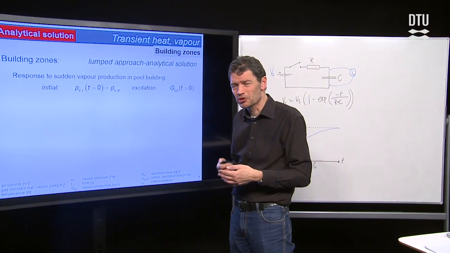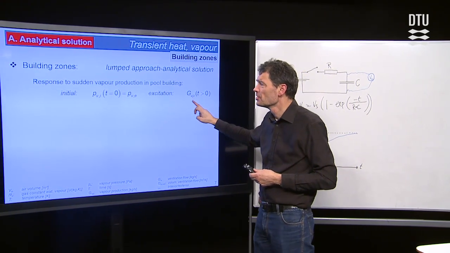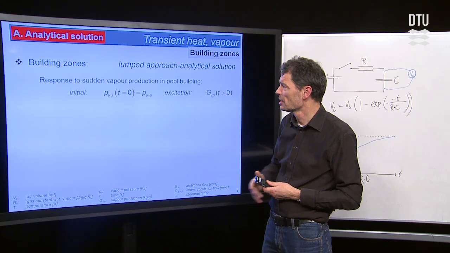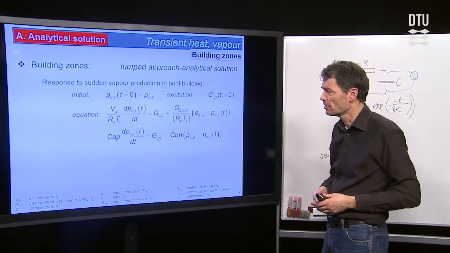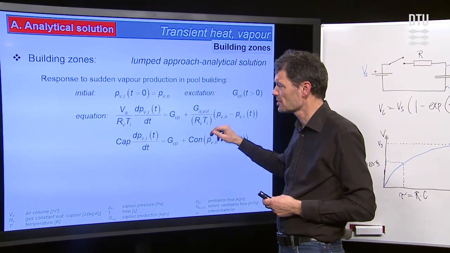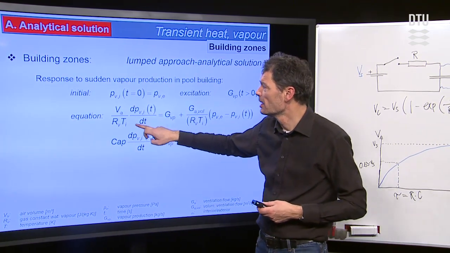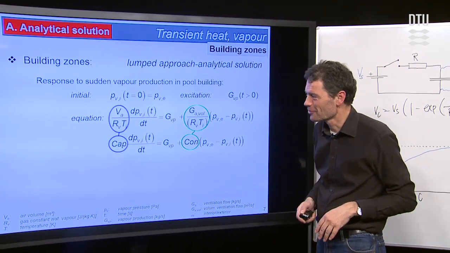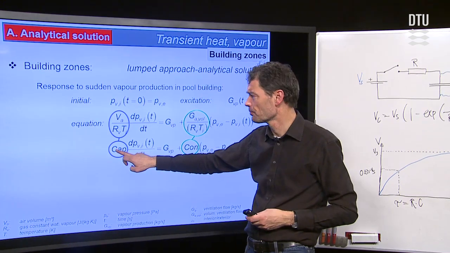And just very briefly to an end, we could look to the case of an air volume in a swimming pool where suddenly we have a vapor production that starts. So we have an initial vapor pressure here, and then let's see how the vapor pressure develops with time after suddenly this vapor production starts. So then we look to the vapor pressure development per time, and in front of that we have, as I showed on the previous slide, a coefficient which becomes a capacity coefficient.